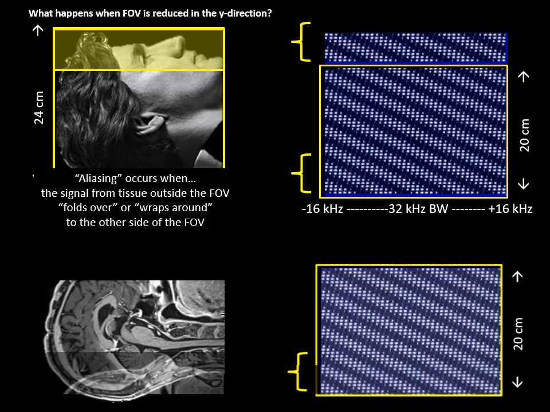Aliasing occurs when signal from tissue outside the field of view folds over or wraps around to the other side of the view. It is an undesirable effect, and it occurs when there's tissue outside the field of view in the phase encoding direction.